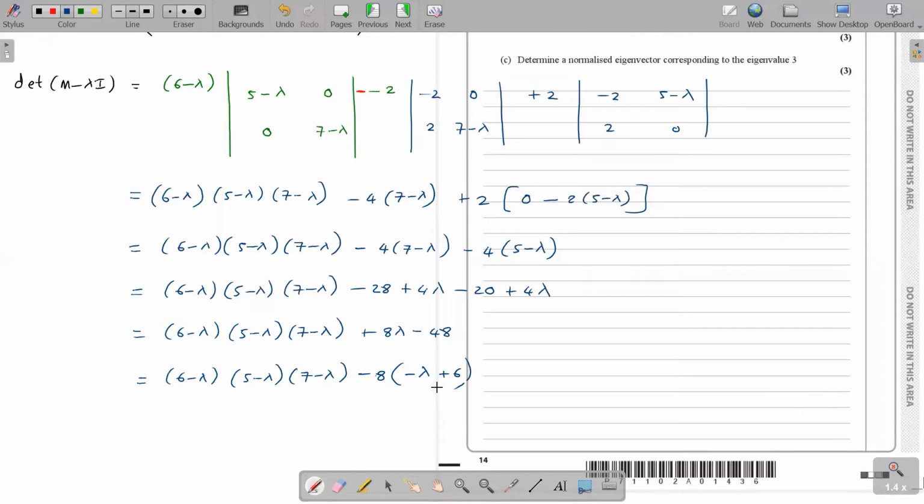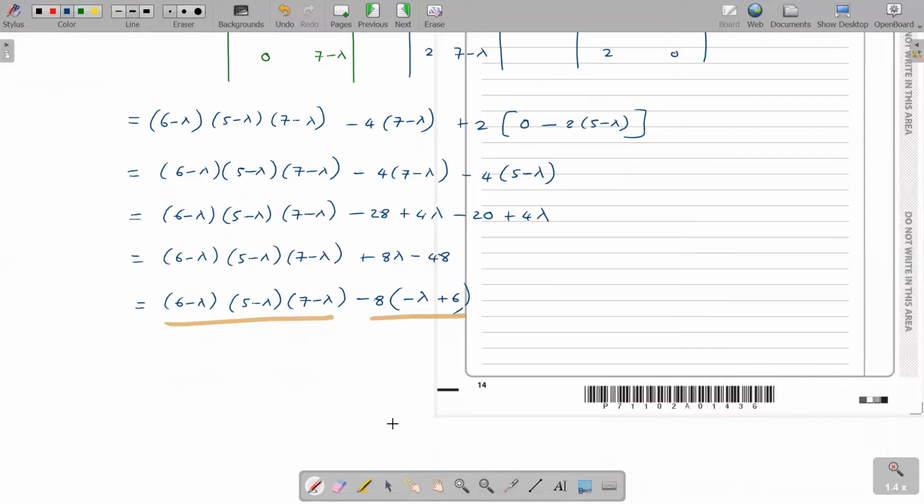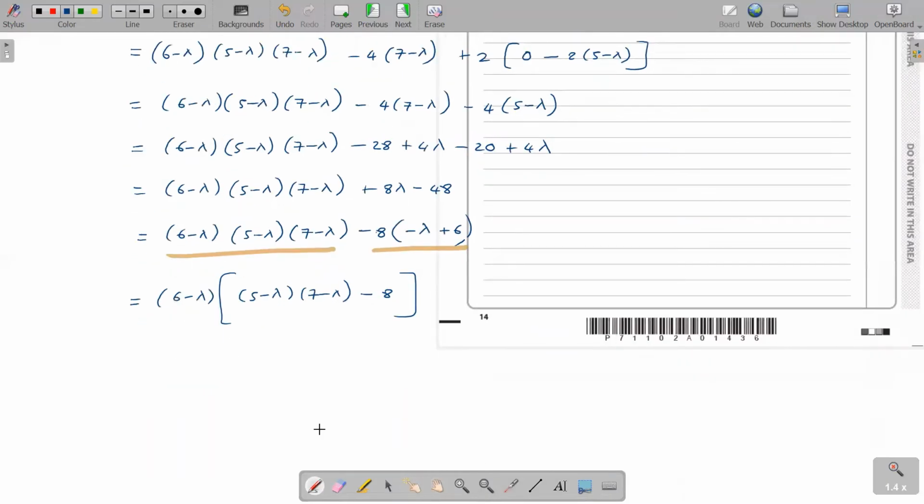Are you with me? So can you see that these two terms now have a common factor? Who is common to both of them? Minus lambda plus 6, or 6 minus lambda, is common to both of them. 5 minus lambda, 7 minus lambda is here, and on the other side you have minus 8. Do you agree with me?